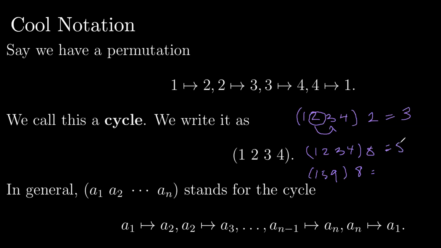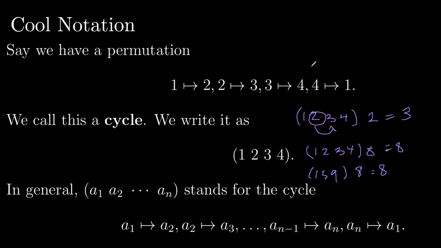It actually just maps to itself. Whatever is not in the cycle, it means the permutation that the cycle describes just fixes that number. The reason we take this convention is that when we're talking about S3, the permutations that permute the numbers 1, 2, and 3, we can use cycles whose entries are the numbers 1, 2, or 3.